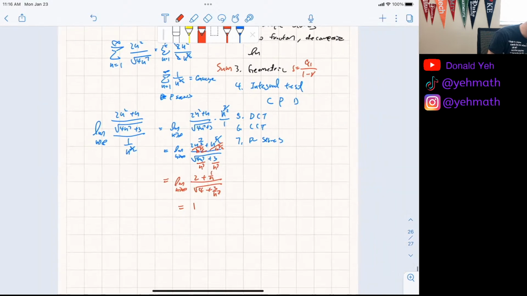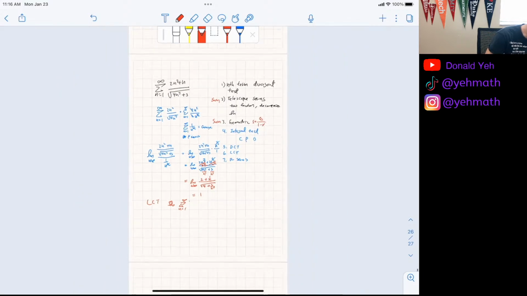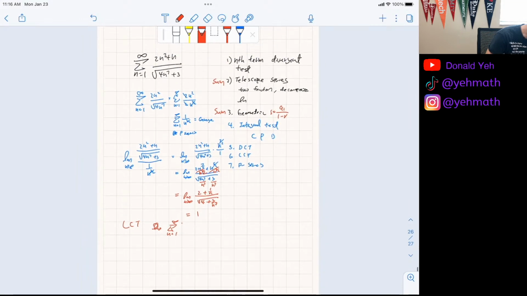When the limit equals 1, the limit comparison test says the summation from n equals 1 to infinity of this ugly thing, 2n squared plus n over the square root of 4n to the 7 plus 3, converges.